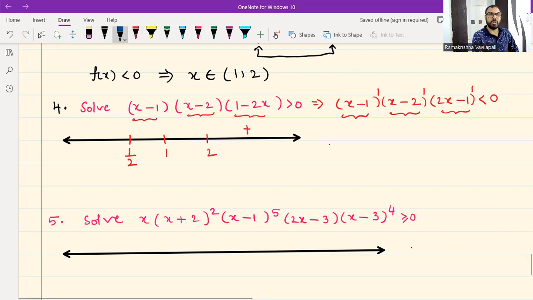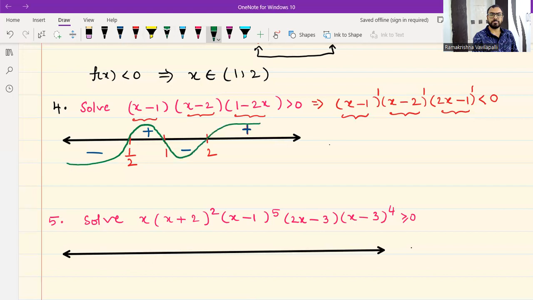Now keep on changing the sign. When odd power is there, without looking at that, you just change the sign. Plus, minus. Well, only for beautification, I'll draw a wavy curve. That wavy curve is like this. See, this is the minus sign, like this. Only to understand clearly.